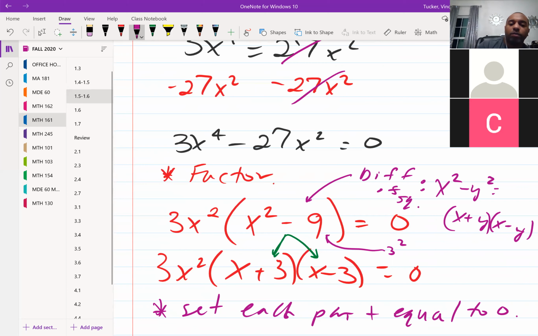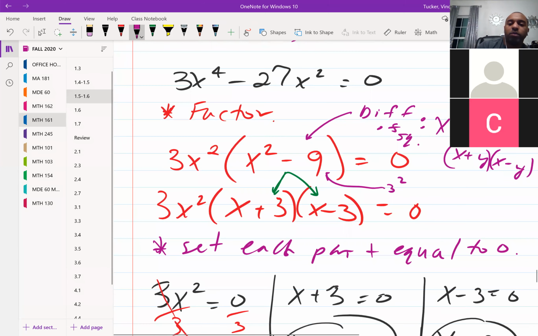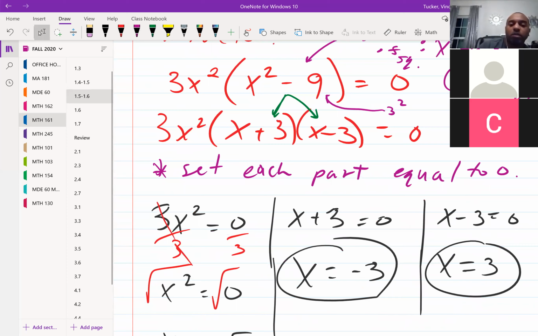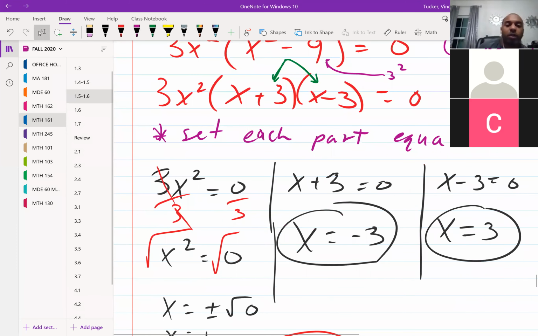All right, so once we factor it out completely, we'll say each part equal to 0. So if we say each part equal to 0, we have 3x squared equal to 0. If I were to divide both sides by 3, that's what I did here.